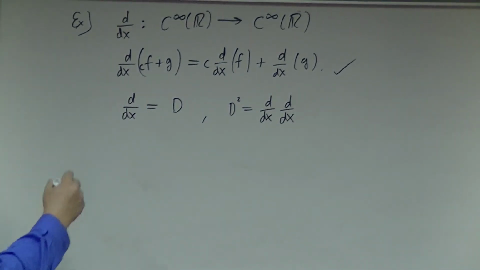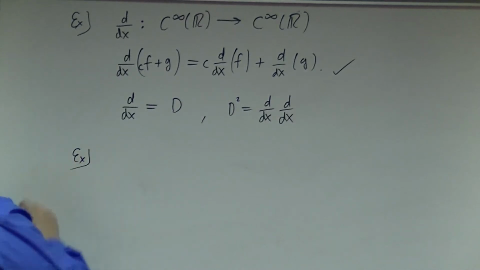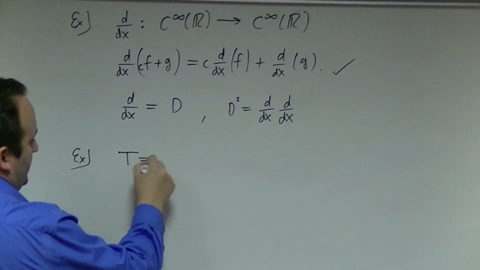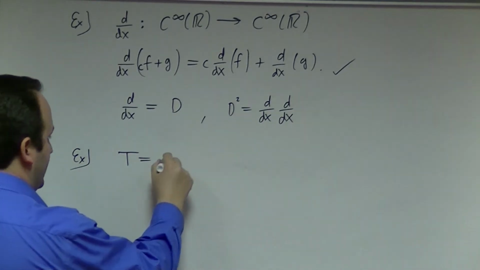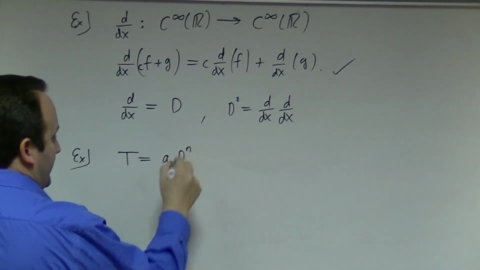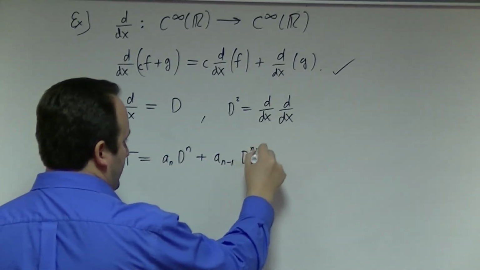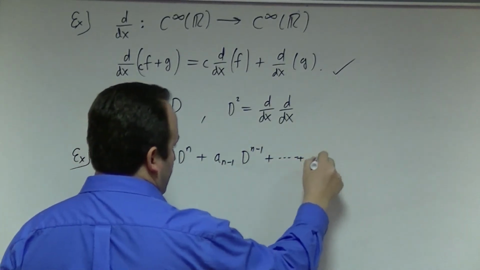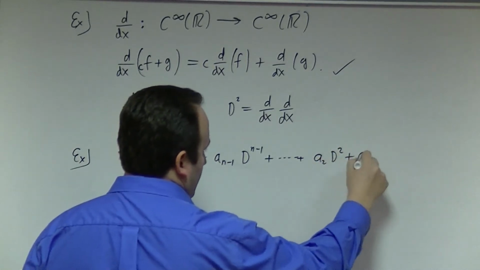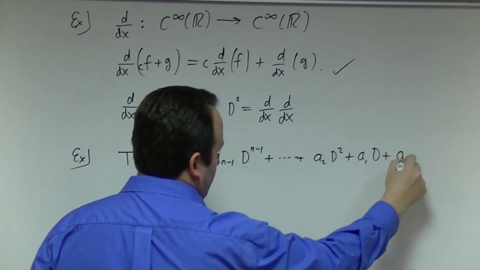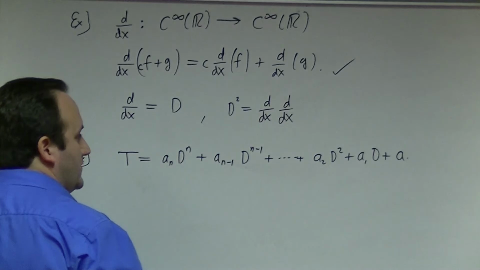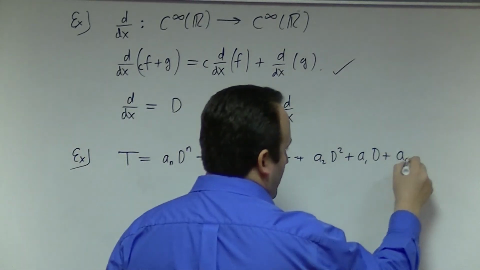So another example, let me be greedy. You could let T equal to, gee, I don't know, how about a constant a_n times the nth derivative, plus a_{n-1} times the (n-1)th derivative, plus and so on, plus a2 D squared, plus a1 D, plus a, well, yeah, I think I can put an a zero there.